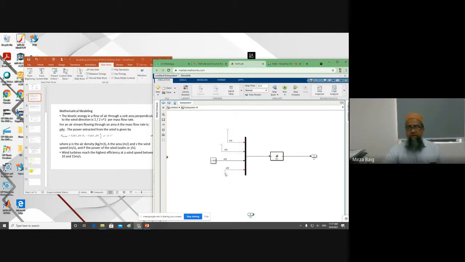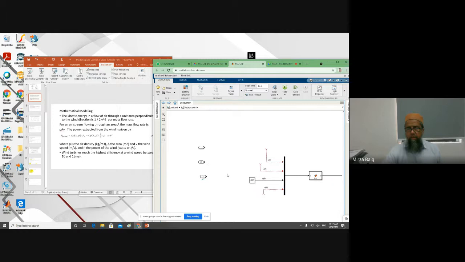So first of all, we need to find the area. So we have an input, and the input is the radius, so you can say this one is our radius. That will be in meters.